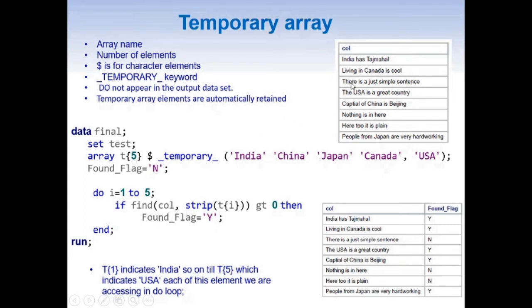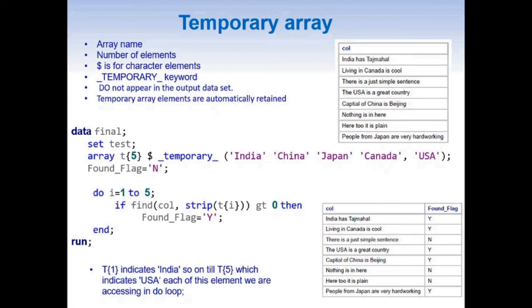Then it moves to the third observation, wherein it loops through the 1 to 5 elements, and if it does not find any value, it will have the default value which we defined earlier, before our do loop. In the same fashion, it does the same with the fourth observation, fifth observation and all the observations.